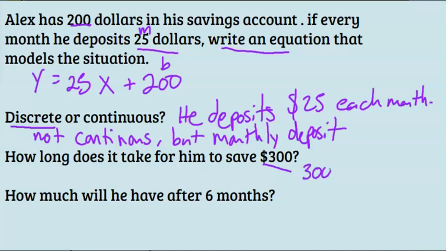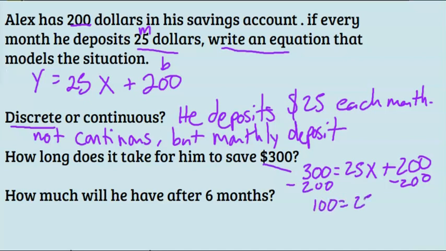So 300 equals 25 times something plus 200. Well, if you take away 200 from 300, you have 100 equals 25x. Divide by 25. It would be 4 months.